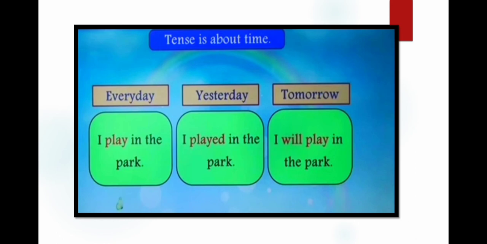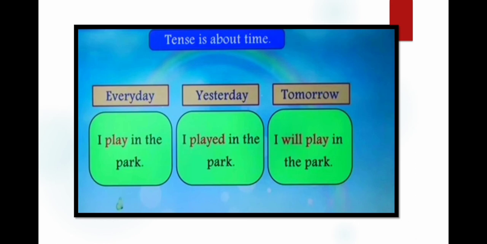See the third one. I will play in the park tomorrow. So this is something that will happen later. So this is the future. So we are going to say that this is in the future tense. Now if you are careful and you read the sentences, you will see that in these three sentences, only the verb is changing.